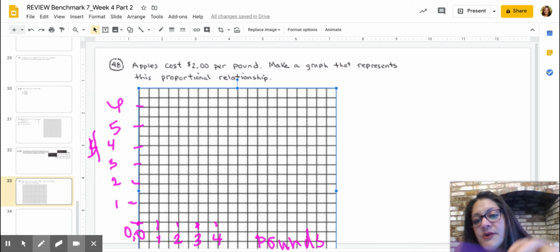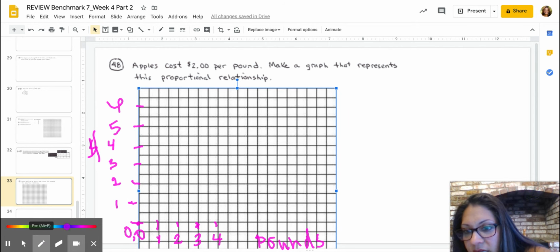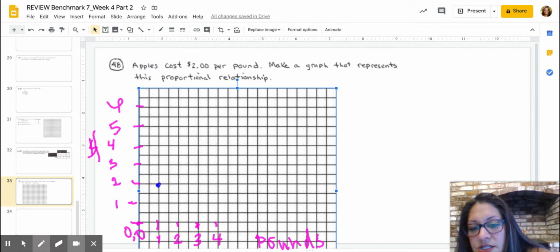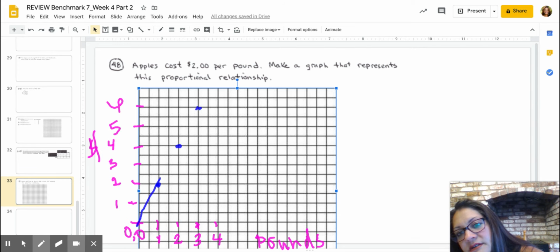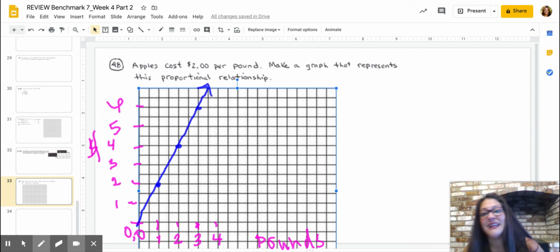So $2 per pound. For 1 pound, it's going to be $2. There it is. 2 pounds will be $4. 3 pounds will be $6. Okay, so here is our linear relationship. It goes from 0 and it increases.